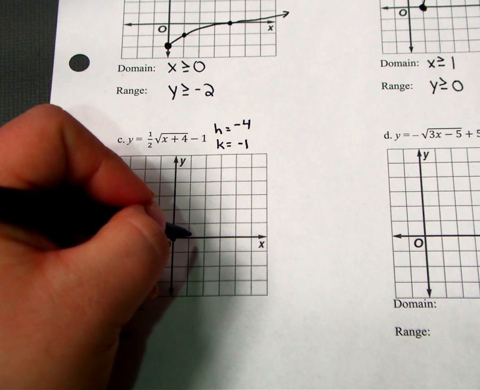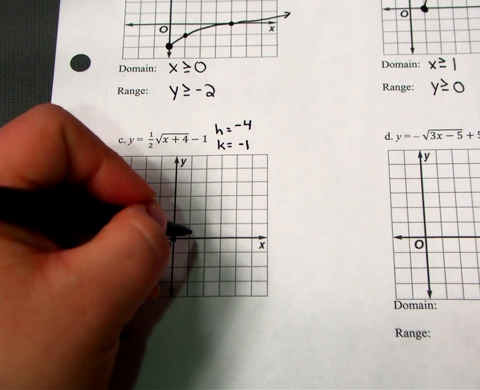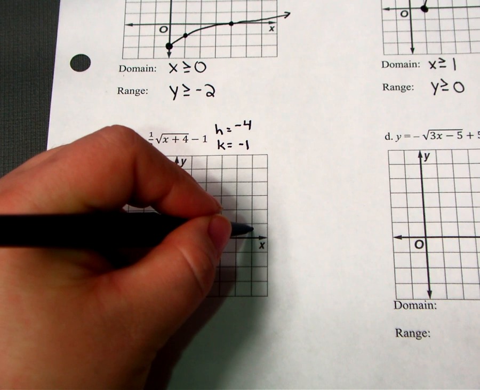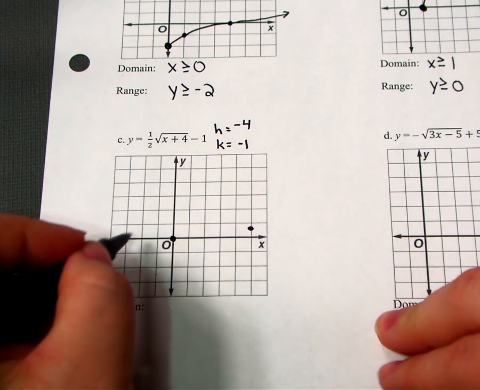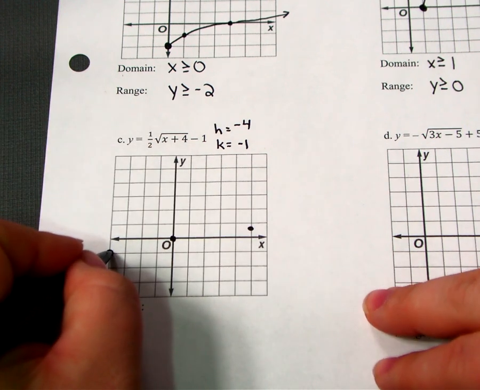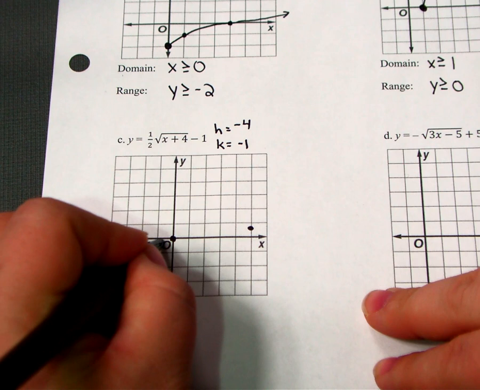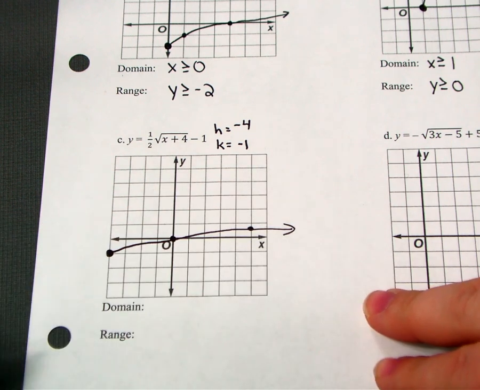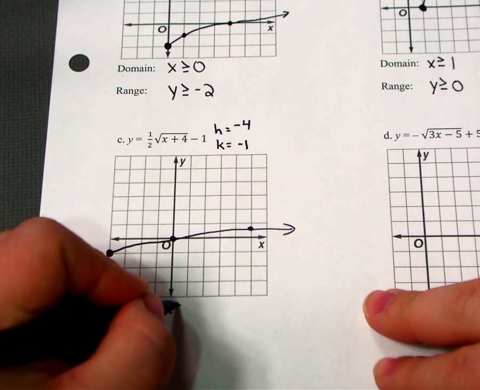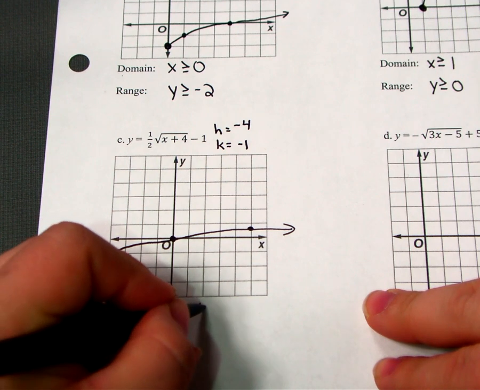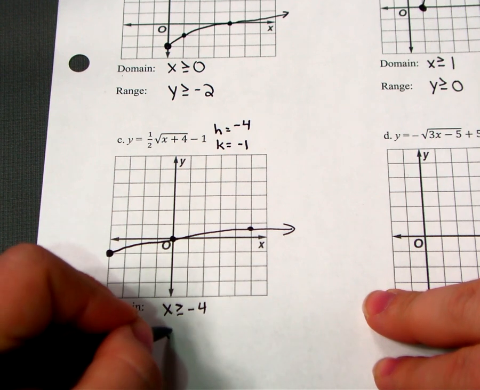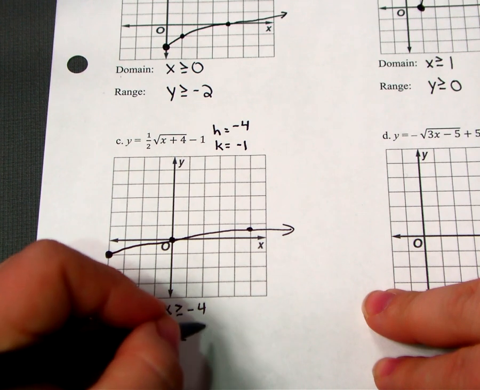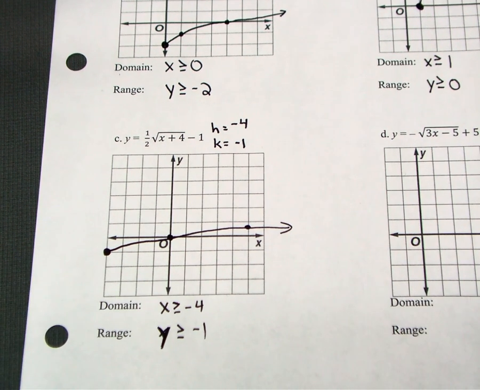Any of those nice points, 12, 1 is fine. 5.5, that's fine as well. But notice how much slower it extends up, and that's because of the 1/2 that's in front. In our domain and range, X is greater than or equal to -4, and Y is greater than or equal to -1.